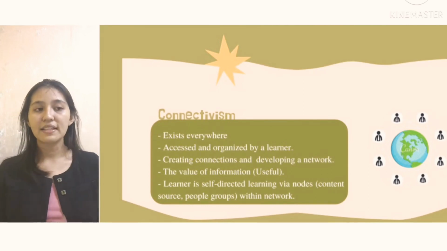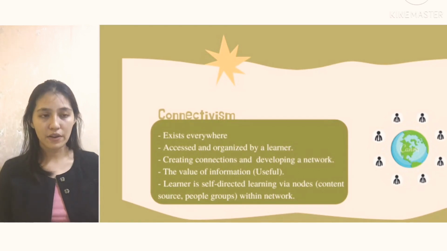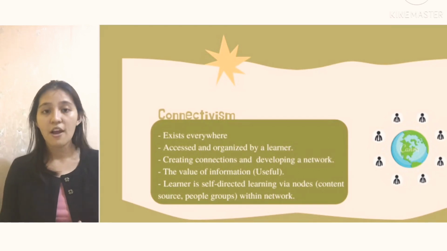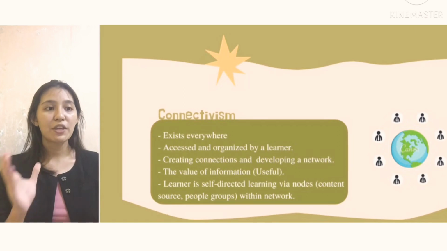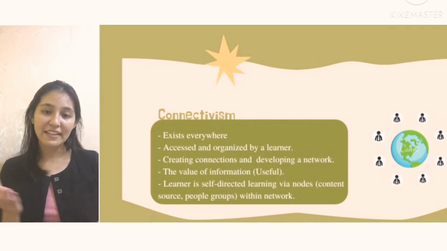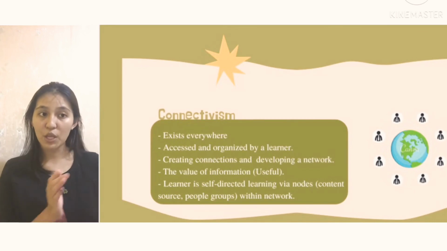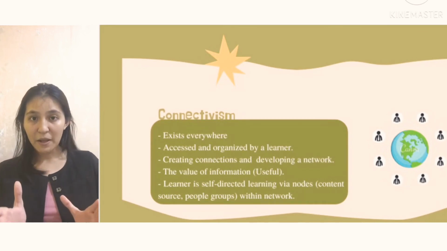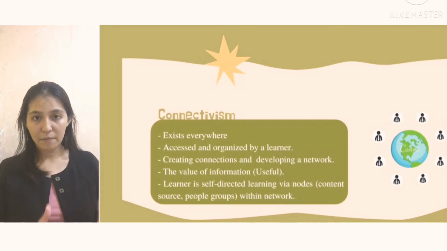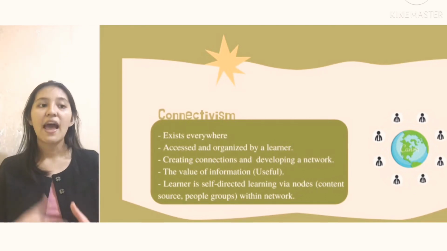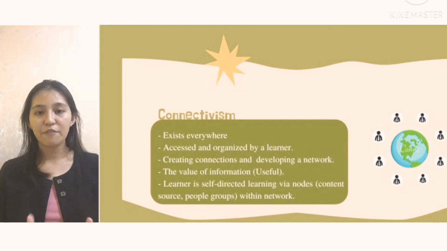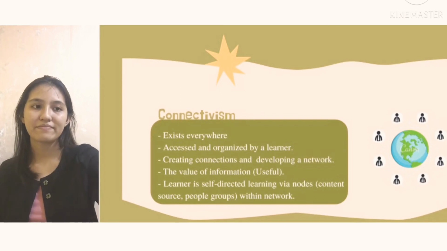And the last one is that the learner is self-directed via nodes within the network. In this theory, you can access and get information by yourself, which makes you an independent learner and creates self-directed learning.